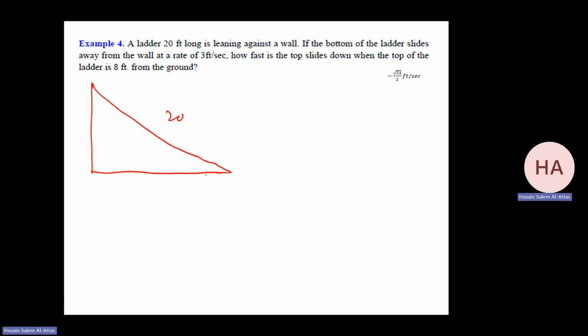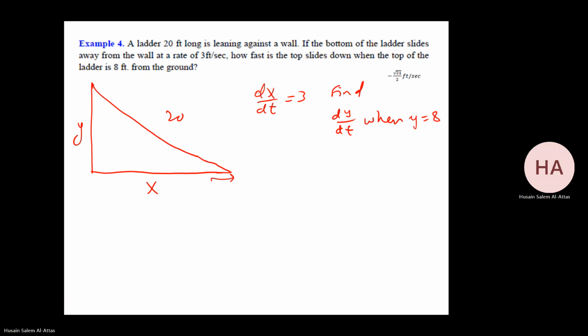If the bottom slides away, you have dx by dt equals 3. Find, this is x, this is y. Find dy by dt when the top of the ladder is 8 feet from the ground. So when y equals 8.